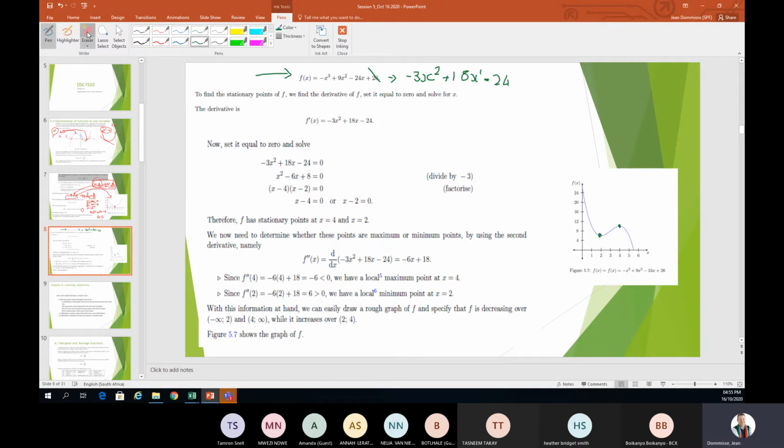Then when I look at this, I hate working with a negative, so I want to get rid of that negative. And even better, if I look at the 3, 18, and 24, I can actually get rid of the minus 3. So I would then divide all 3 terms by minus 3.